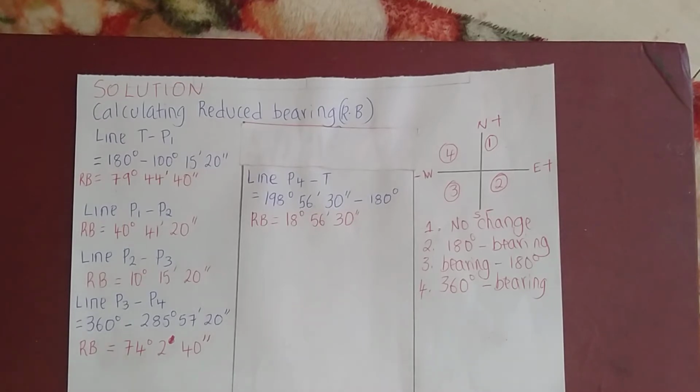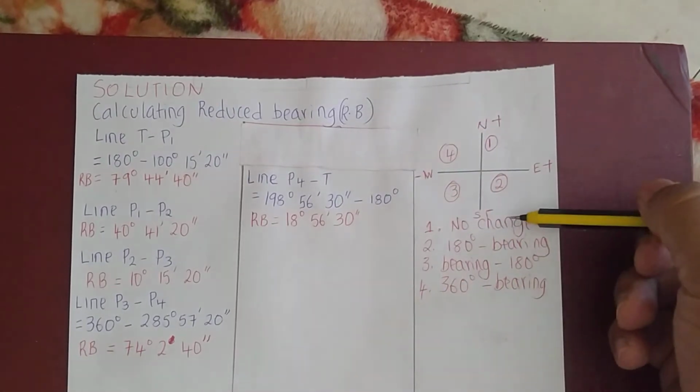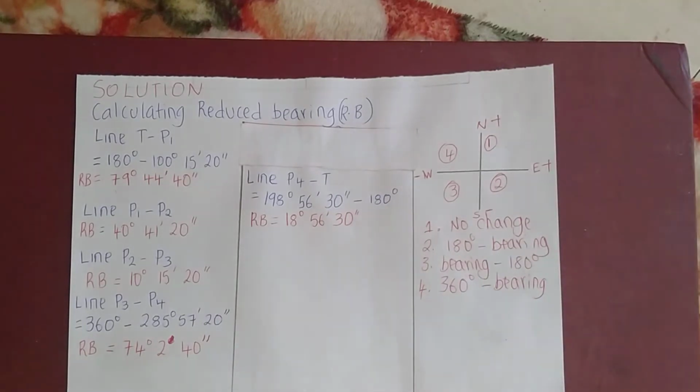For line P2P3, we are given the bearing as 10 degrees 15 minutes and 20 seconds. It falls in the first quadrant, so we shall have no change. It will remain the same.